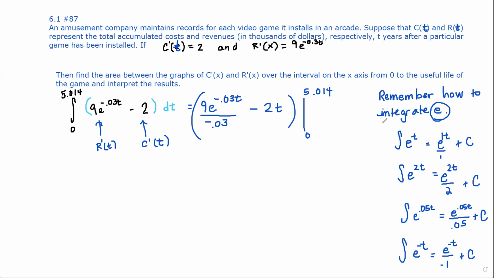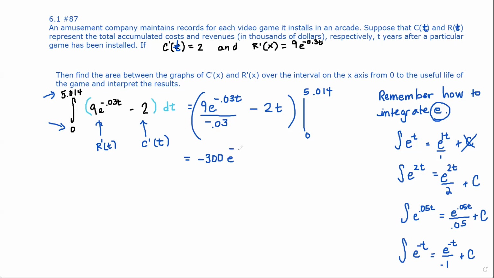Since we have a definite integral, we don't have to add that plus c because we have bounds of integration that are given. We can clean this up. If you take 9 and divide it by negative 0.03, you're going to get 300. This is actually, if you wanted to clean that up, 9 divided by negative 0.03 is a negative 300.